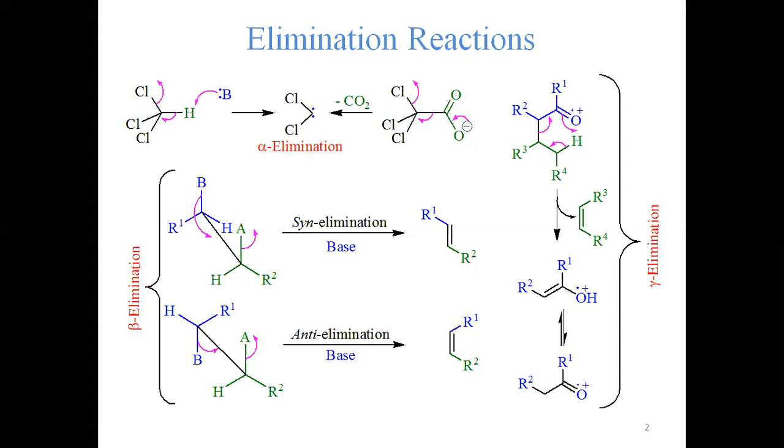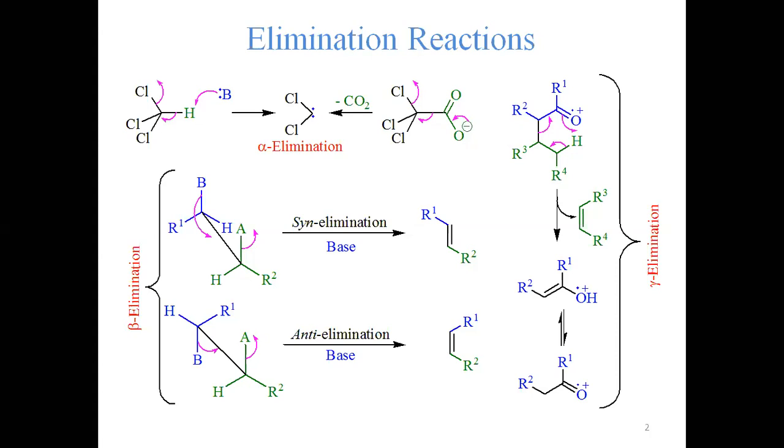But gamma elimination doesn't happen in laboratories. It happens in a mass spectrometer only. I already presented that in a mass spectrometer, carbonium ions are generated. Carbonium ions we cannot generate in laboratories. In laboratories, carbocations can be generated, but not carbonium ions.